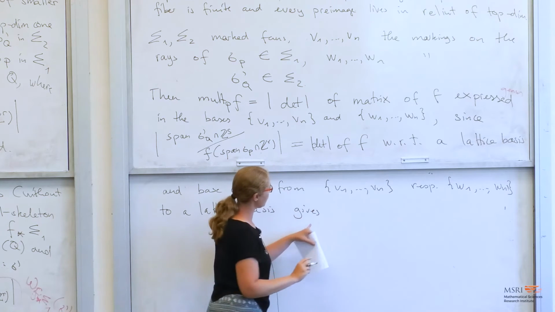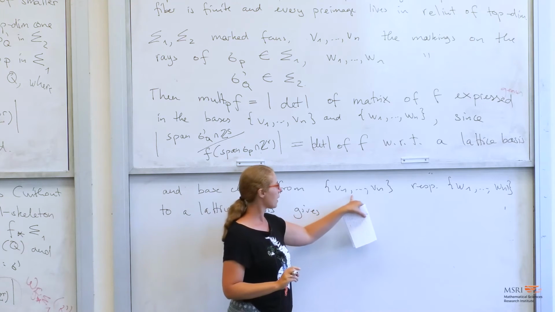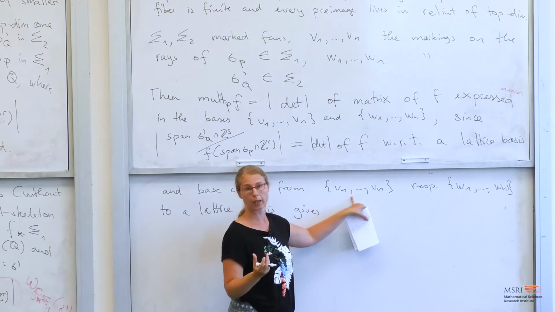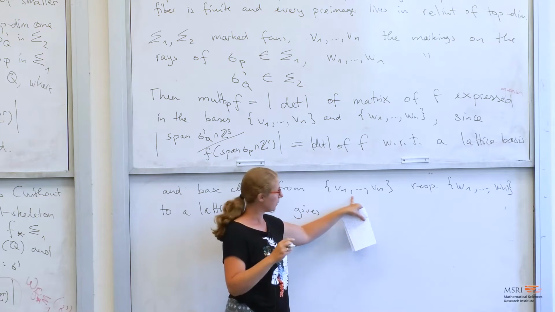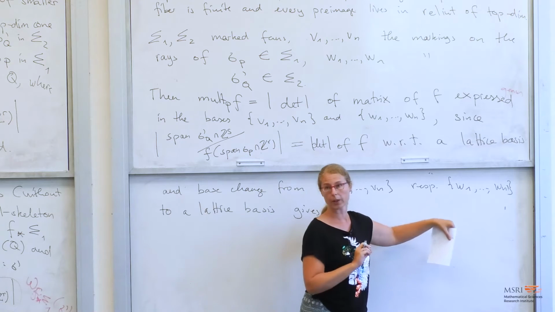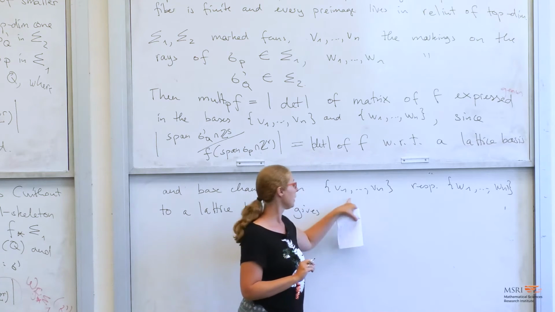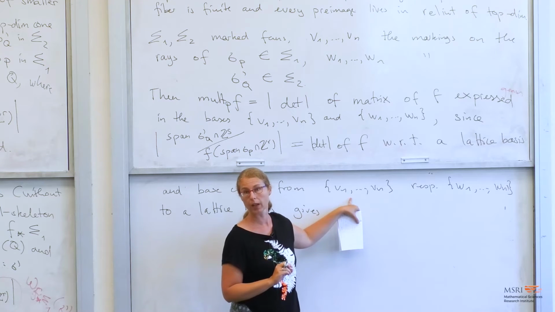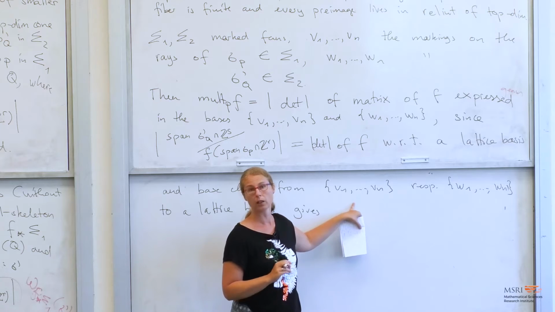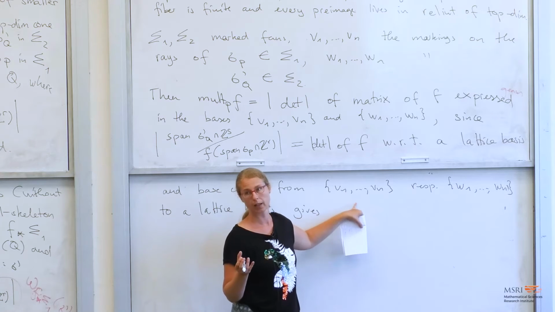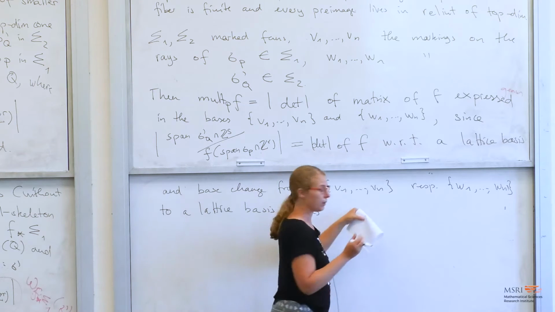Well, it gives us as factors precisely the index of the lattice spanned by those guys, right? Respectively, on the other side, 1 over the index of the lattice spanned by those guys. And what is the index spanned by those guys? Remember, these are the markings of our marked fan. And remember how we defined the weights for a marked fan. The weights were precisely given as the lattice index of the markings, right?